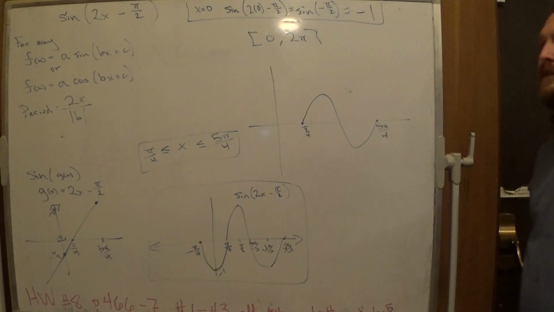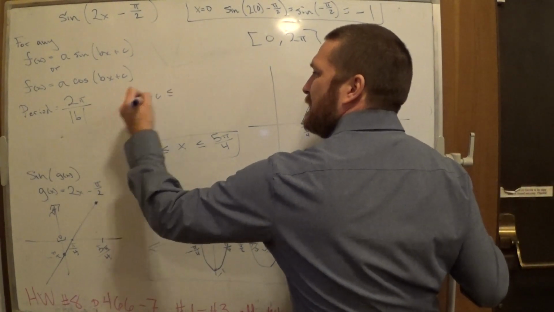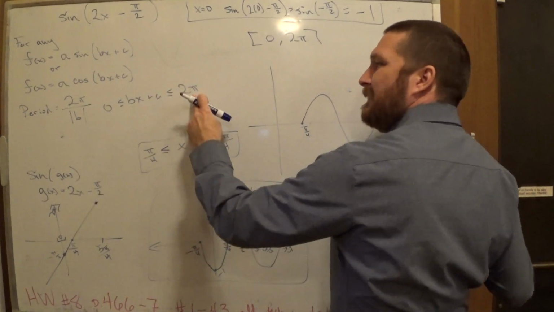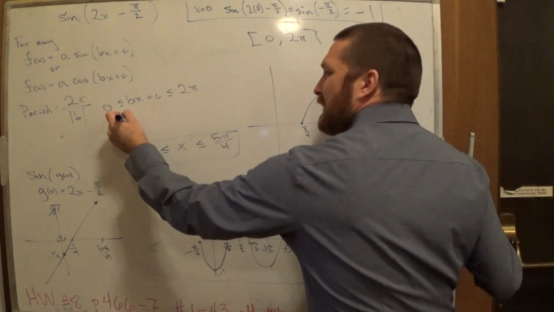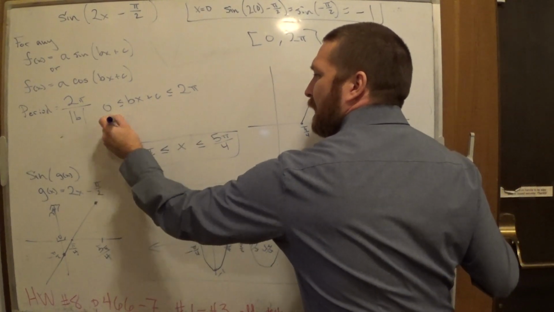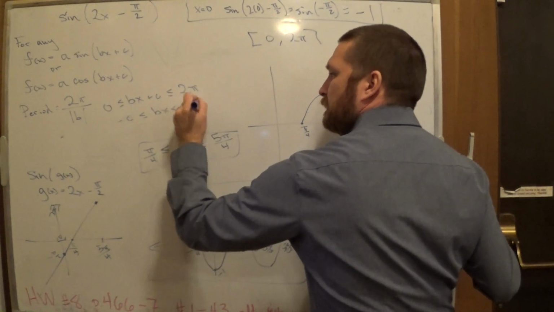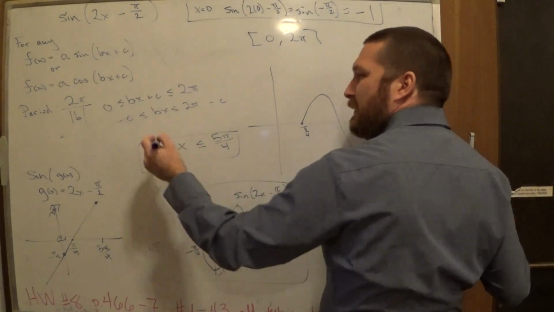It's always going to be the case, because no matter what your bx plus c is, that's the thing you're putting between 0 and 2 pi. That's your period. You get your c out of the way, and then you divide by b. Everybody got that?